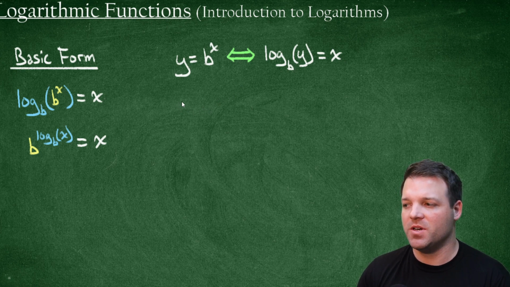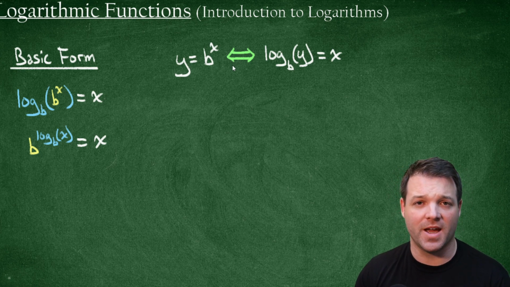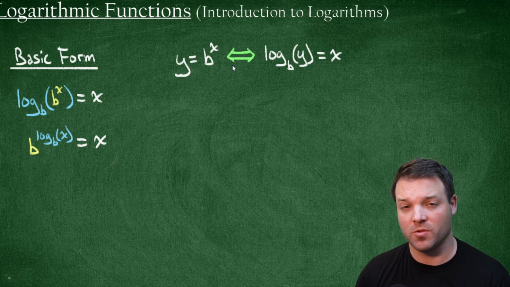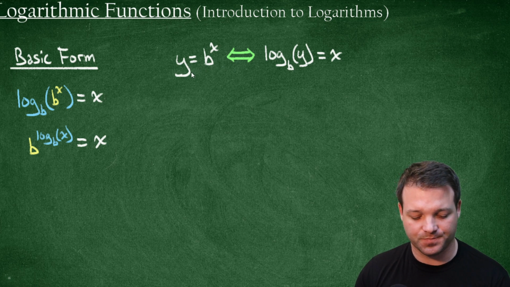And I'm going to show you how this relationship works, because it's actually pretty easy to shift back and forth from an exponential equation to a logarithmic equation and back. So let's go ahead and take a look.